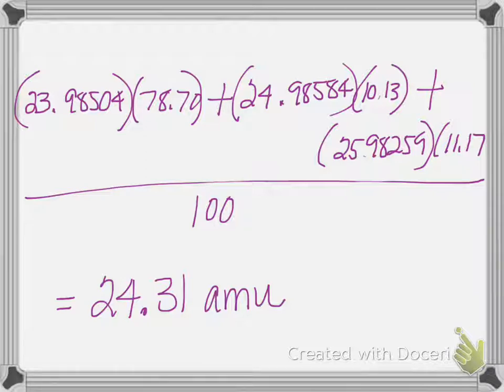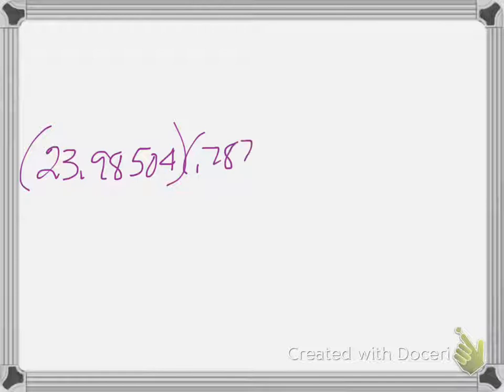The alternative way to do that, if you don't like to divide by 100, is I could have done it like this. I could have said the mass 23.98504 times 0.7870 plus, etc., the rest of the problem.